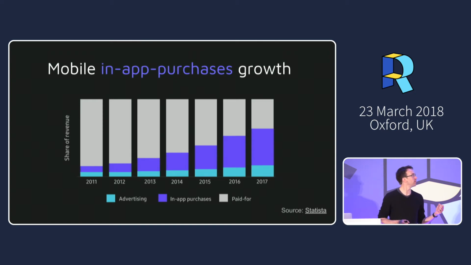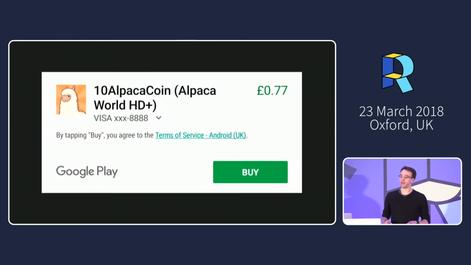But we know from native mobile apps that in-app purchases have a massive revenue potential, one that now outweighs advertising and the revenue from apps that are paid for up front. And one reason why they've become so popular is because they allow us to try before we buy.